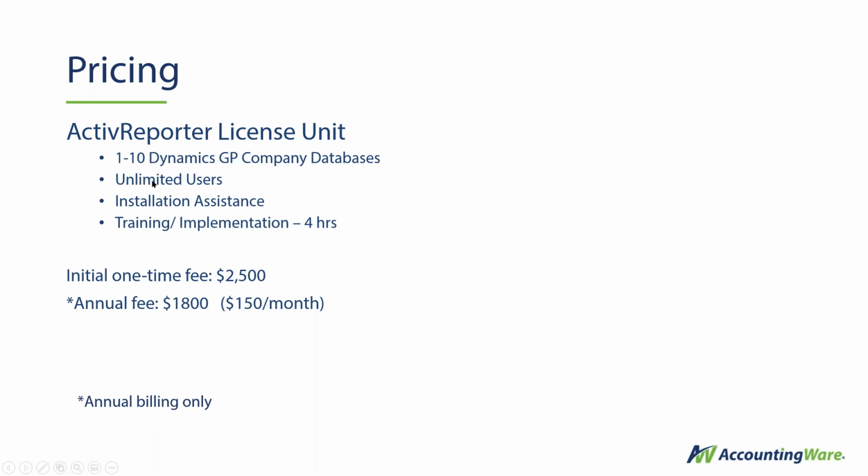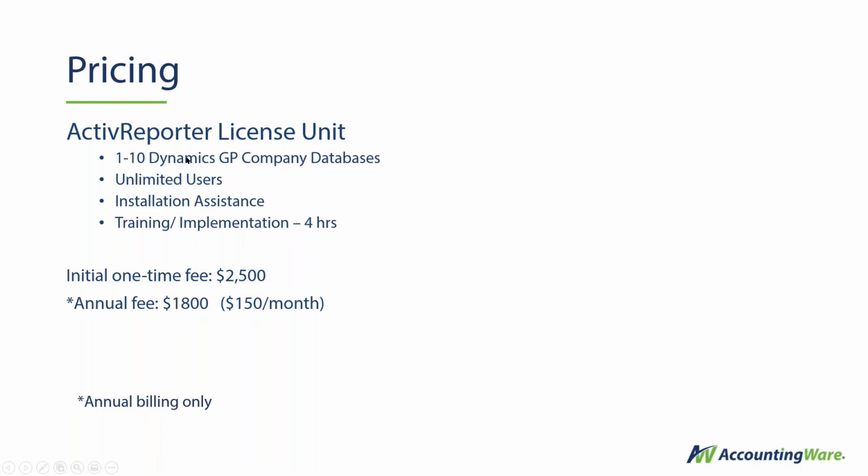We don't have any user licenses, so it's an unlimited user license. We do all of the installation assistance with you and your IT department. We also have 4 hours of training that are available with that one-time fee of $2,500 plus $1,800 per year, which works out to $150 a month.